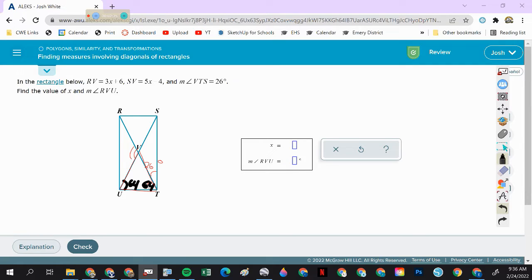Oh, I guess we could do it in an easier way. If that's 26, then this is 26. 26 and 26 is 52. So what would that angle be? Has to add to 180. 128. And if that angle is 128, this angle is vertical to it, so it is also 128. Okay, there are lots of different ways to solve that.